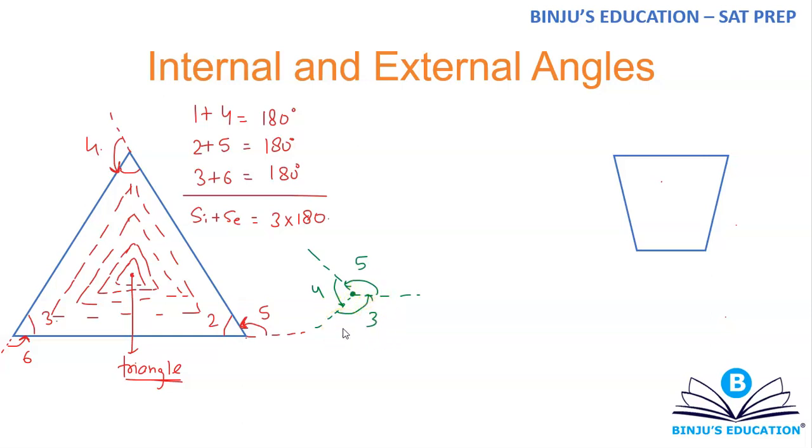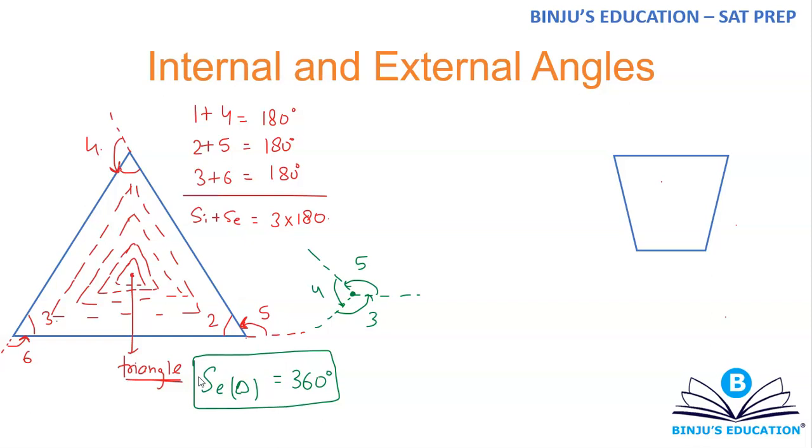Now we discussed in circles that around a point or around a dot, the sum of the angles is equal to 360 degrees. So I can say that the sum of external angles of a triangle is equal to 360 degrees. Now interestingly, this conclusion is true for any type of polygon that you may have.